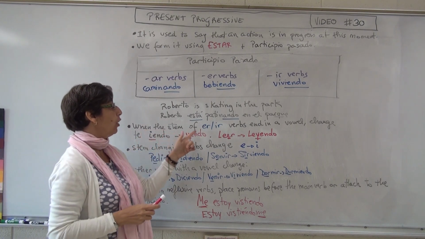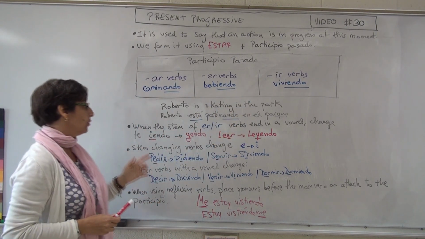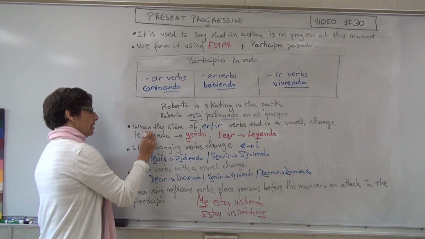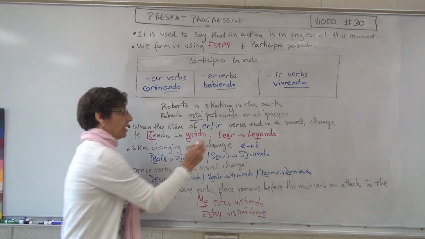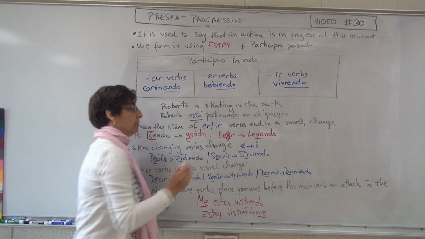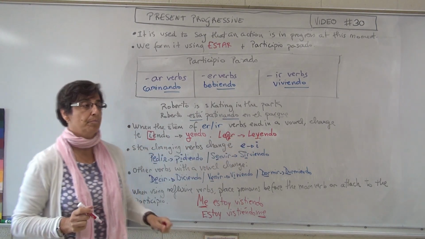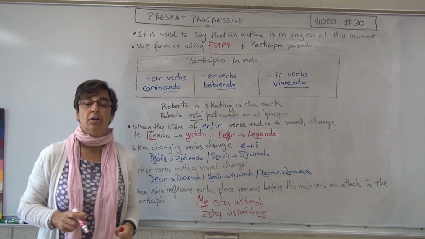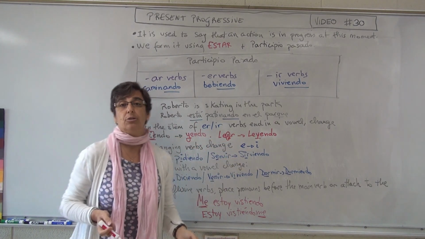When the stem of ER and IR verbs ends in a vowel, then you have to change the I into a Y. Leer, here we have a vowel. Okay, so this becomes a Y. Leyendo. Roberto está leyendo. O la profesora está explicando.